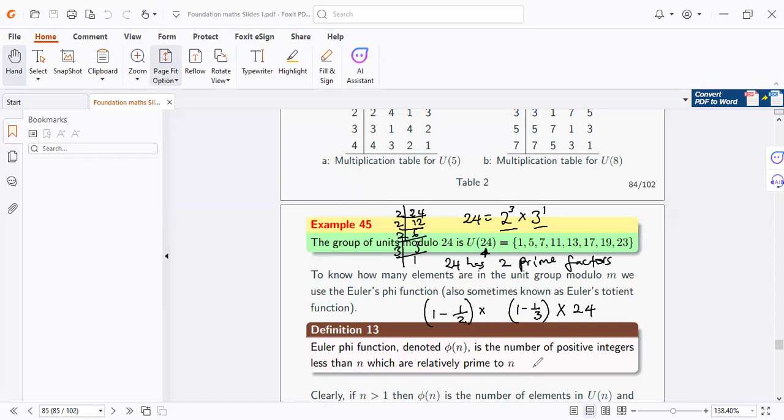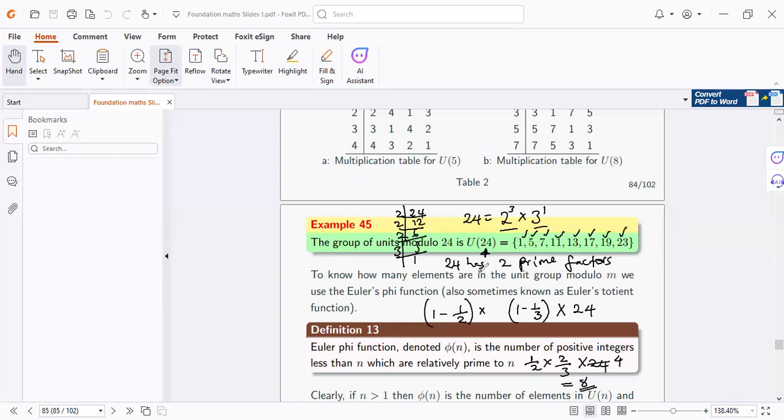So this first one is a half, and this other one is 2/3. When you multiply by 24, what do you get? 2 goes here 12, and this is like 6. The number here is 6. So 6 will go here 4 times. So 4 times 2 gives you 8. So there are 8 numbers. Let's just count: 1, 2, 3, 4, 5, 6, 7, 8.